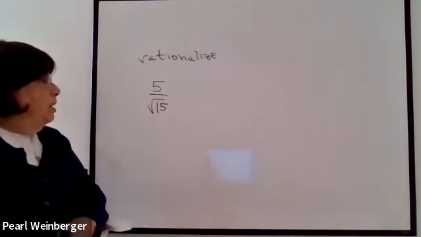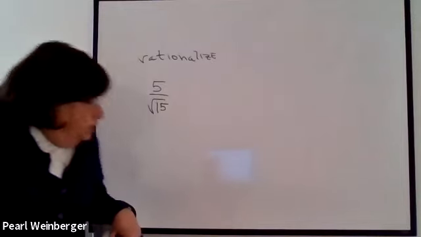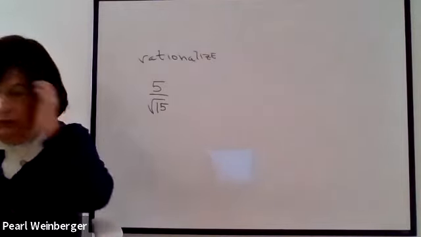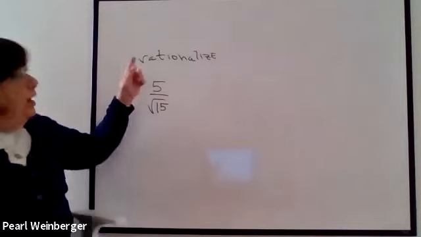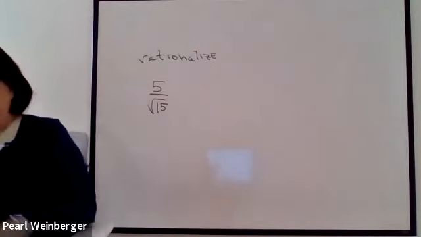Suppose I give you 5 over radical 15. See if you can simplify that by rationalizing its denominator.